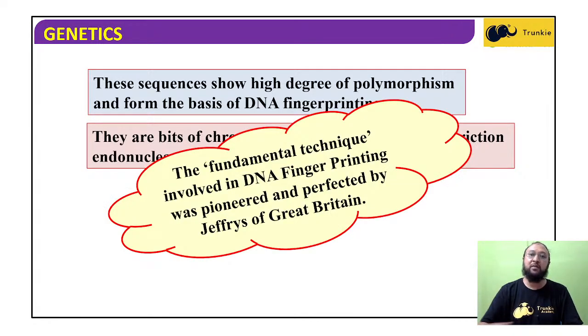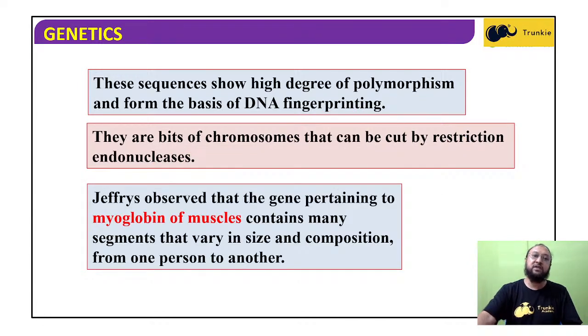The fundamental technique involved in DNA fingerprinting was pioneered and perfected by Jeffreys of Great Britain. He is the scientist who actually discovered this technique. Jeffreys observed that the DNA pertaining to myoglobin of muscles contains many segments that vary in size and composition from one person to another.